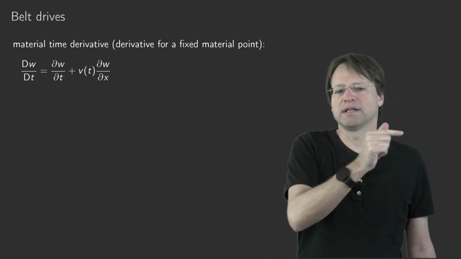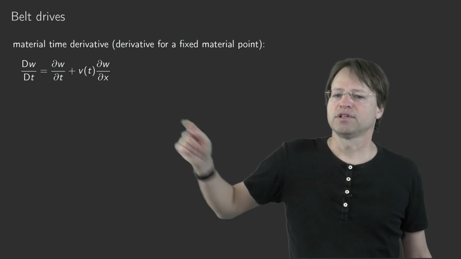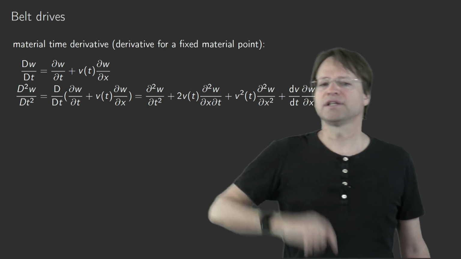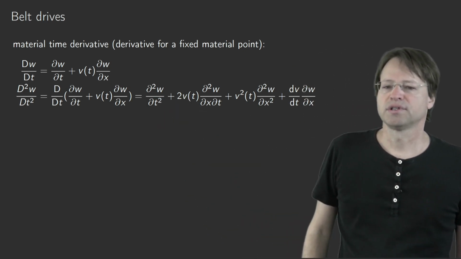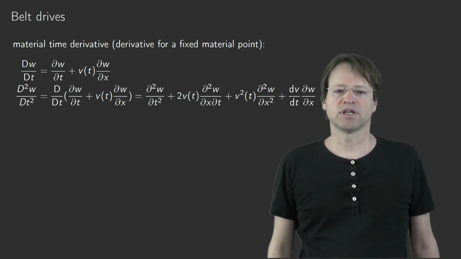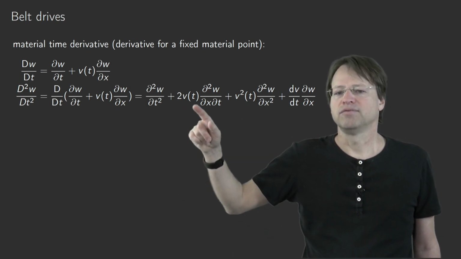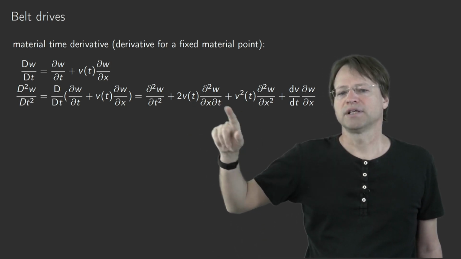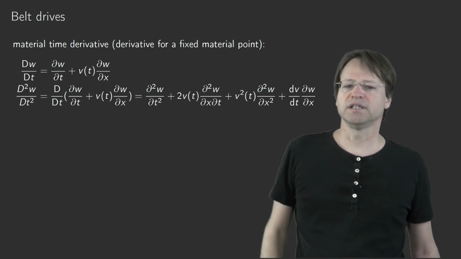So motion of the belt in x, in longitudinal direction. For the second derivative, we then have to take the material derivative of the material derivative, leading to a second order partial derivative with respect to time, twice the term v of t, and a mixed derivative of the displacement with respect to x and t.